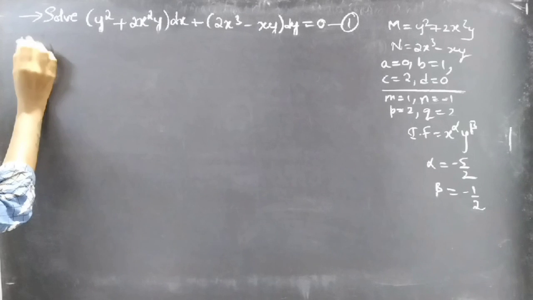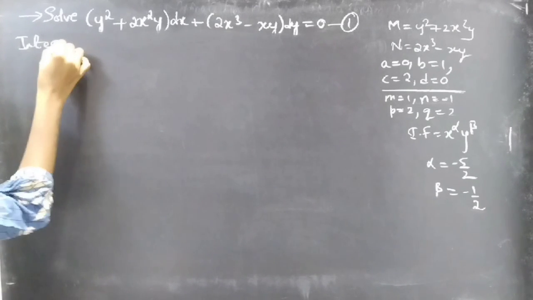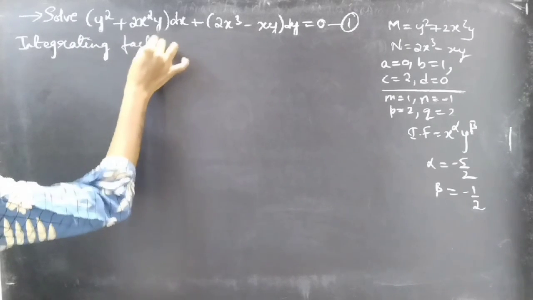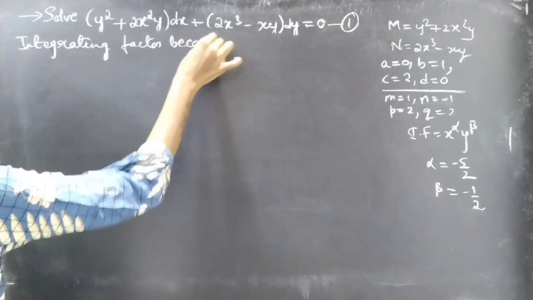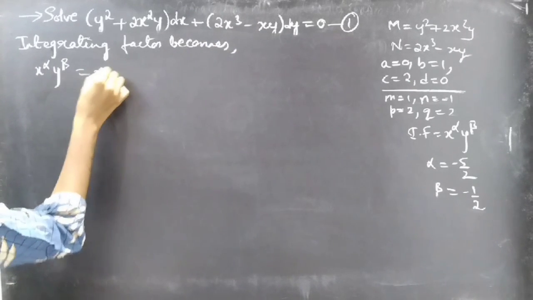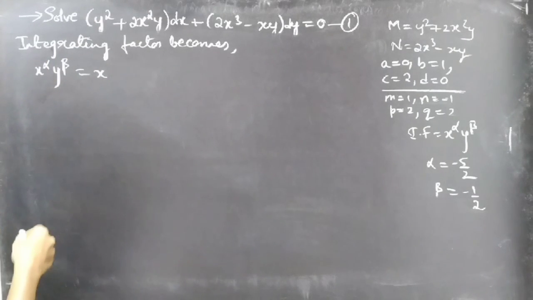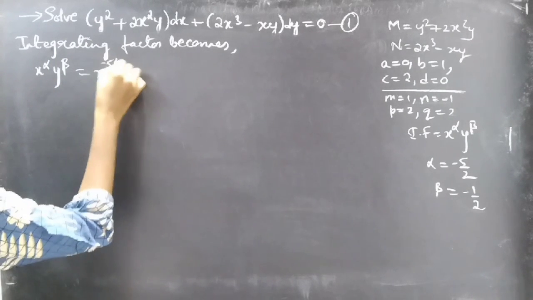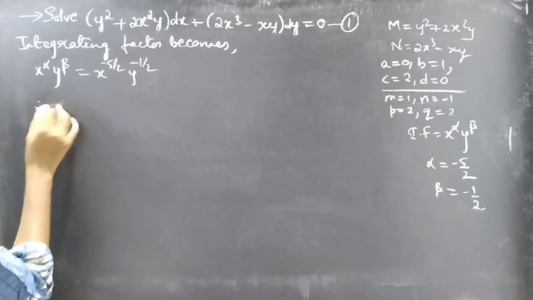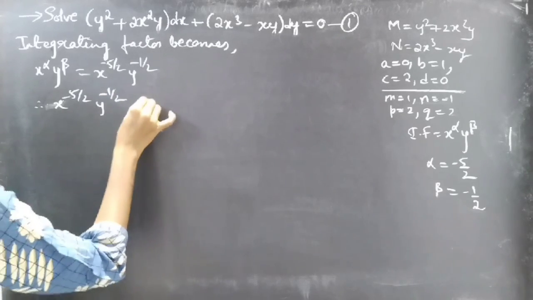Now the integrating factor becomes x power alpha into y power beta, and we have alpha and beta values, right? Just substitute it. We'll get x power minus 5 by 2, y power minus 1 by 2. Therefore x power minus 5 by 2 into y power minus 1 by 2 is the integrating factor.